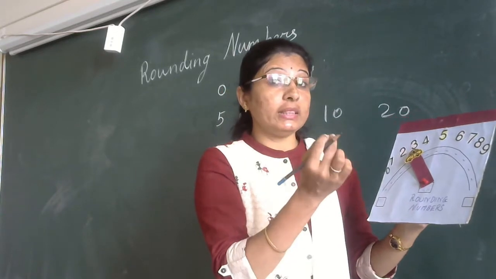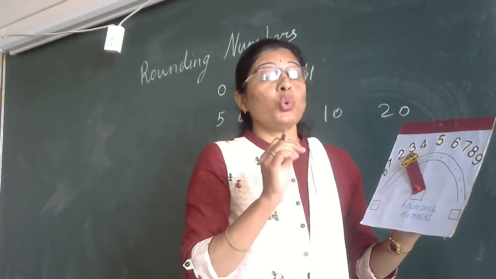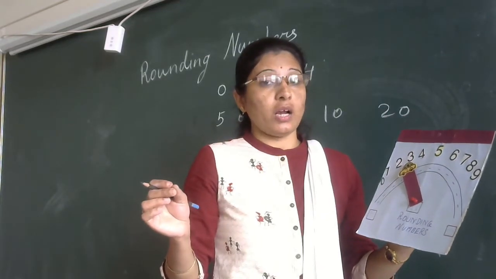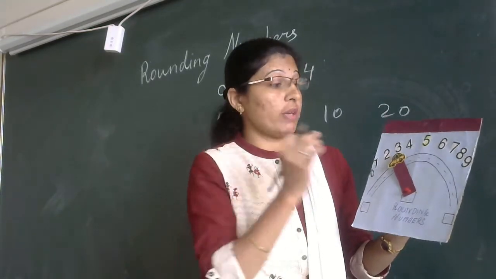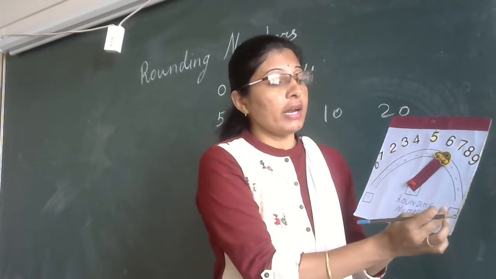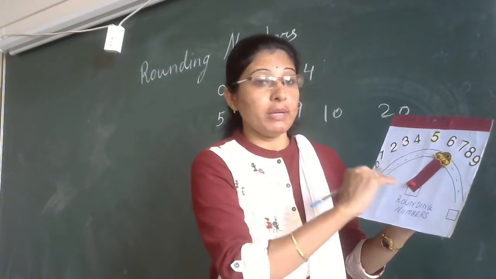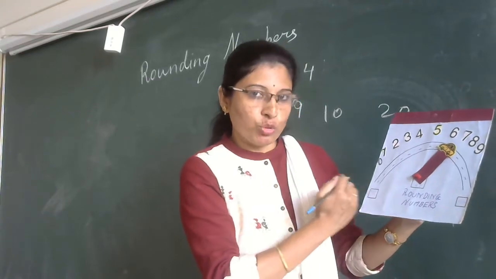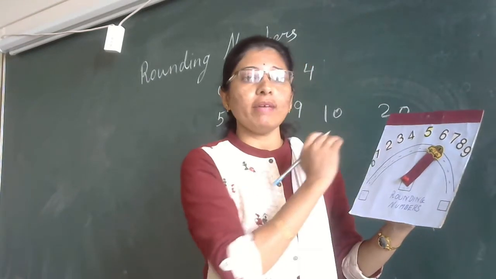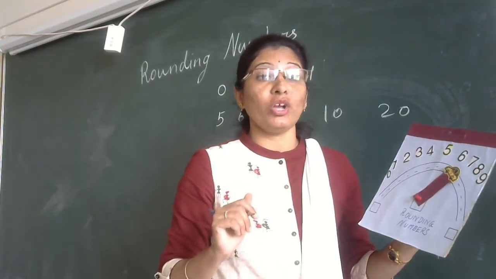Now if it is 27, there are 27 children in the class. So 7, where will 7 come? Here. So it is nearer to this box. That means this side we can take as smaller and this side greater. So using this only we can understand easily the rounding of numbers.